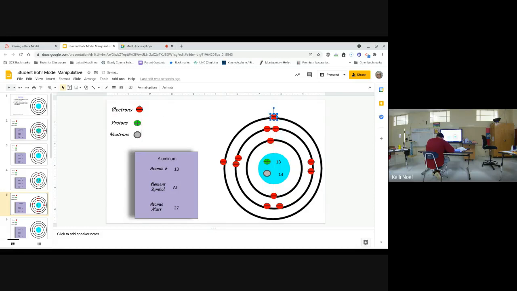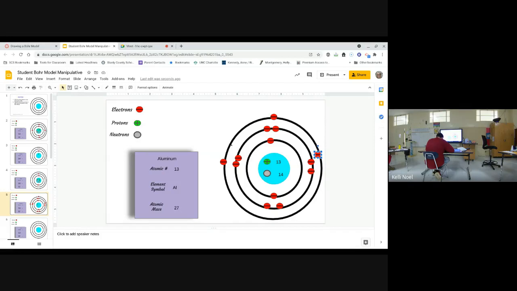Now, if you look on your periodic table, what period, what row left to right, is aluminum on? Remember I had you number 1 to 7 down the side? Third. How many rings do I have electrons on? 3. All right, how many electrons do I have on that outer ring? 3.